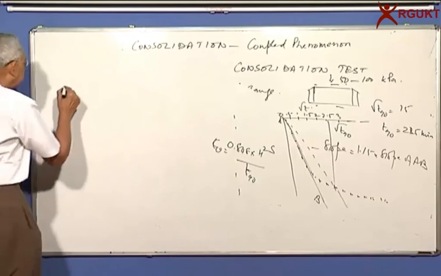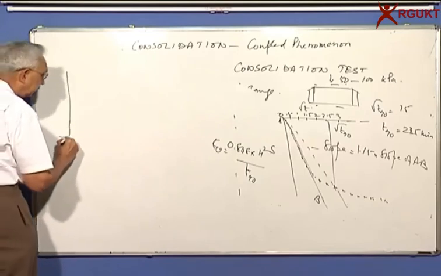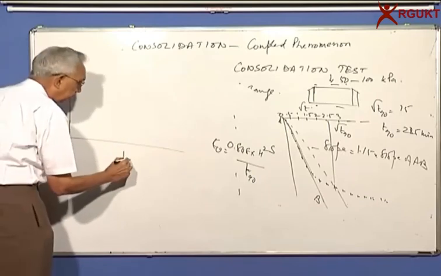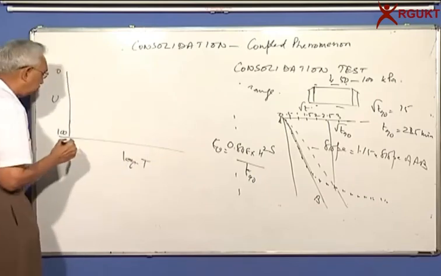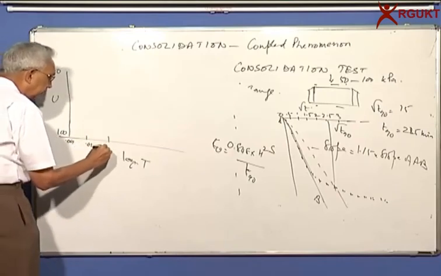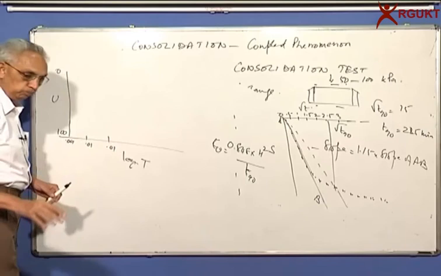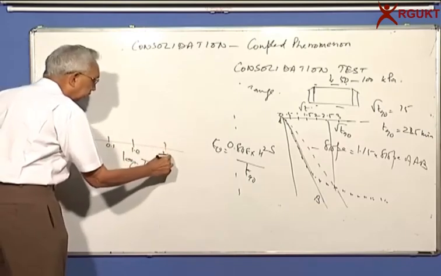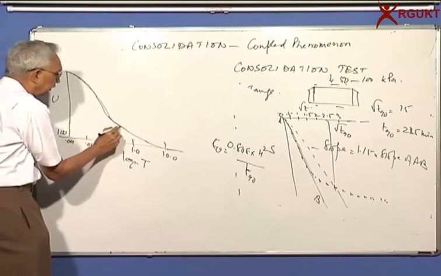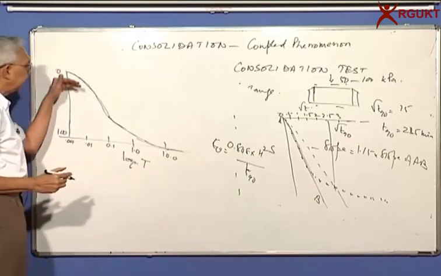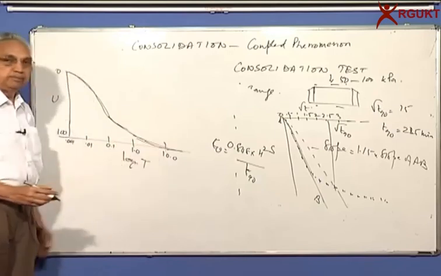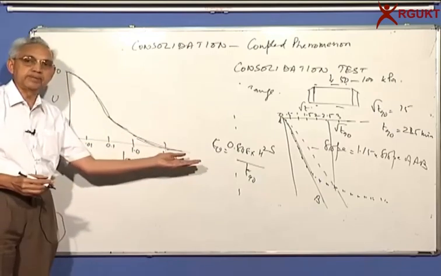What he found out was, he is plotting U, which again goes from 0 to 100, but here he plotted the log of time factor. So it starts with 0.01, 0.1, 1 and 10, something like this. The curve is an S curve in the sense that initially it drops down and then after some point it becomes asymptotic to the 100% line.